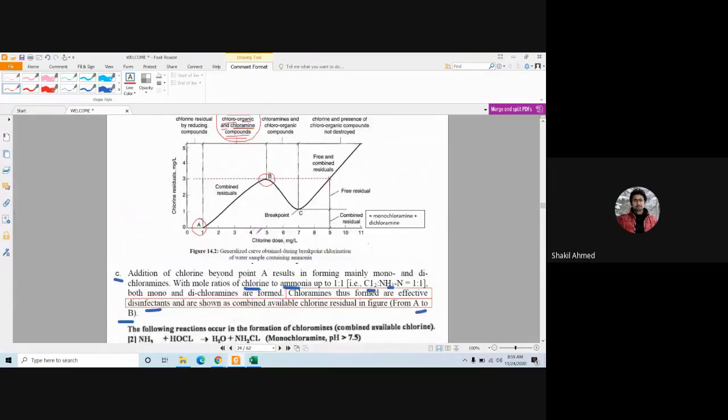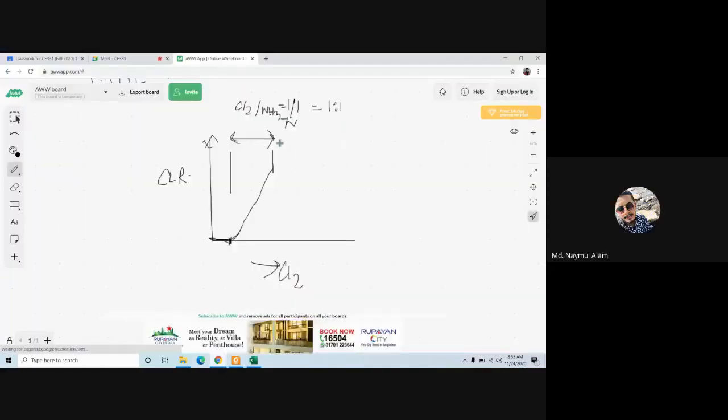You have added more chlorine beyond point B. Am I right? You're adding chlorine. Now this ratio becomes 1.5 is to 1, because you have added more chlorine and some part of the ammonia nitrogen has been destroyed by the previous chlorine.